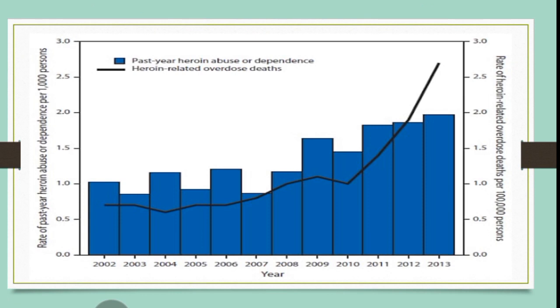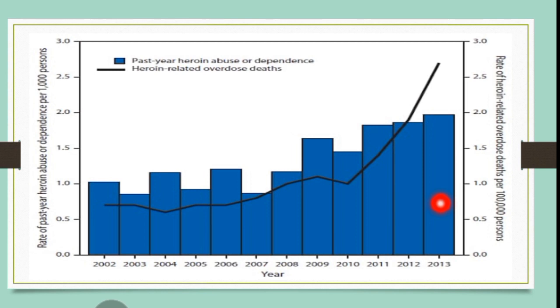This graph shows the comparison of different years. If we compare 2002 to 2013, in 2002 the intake of heroin is very low, but in 2013 the intake of heroin is much higher as compared to 2002.